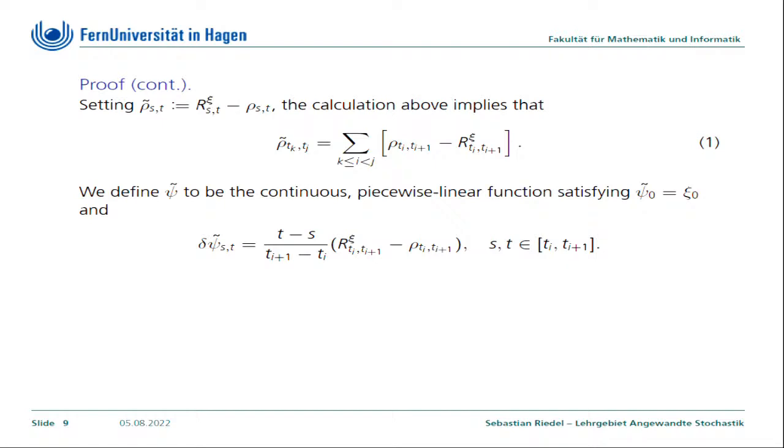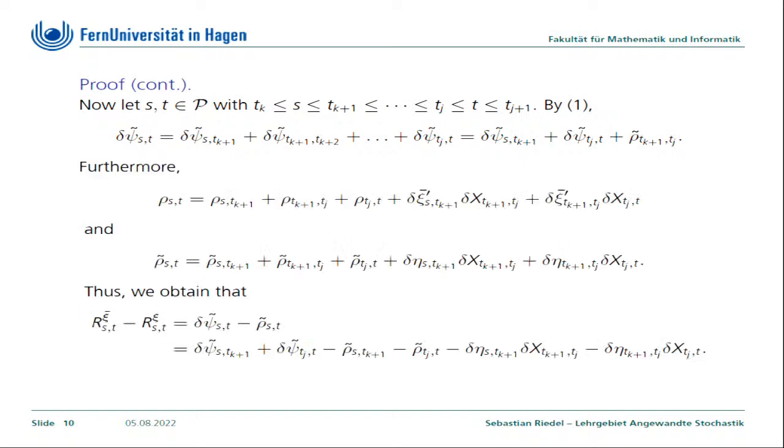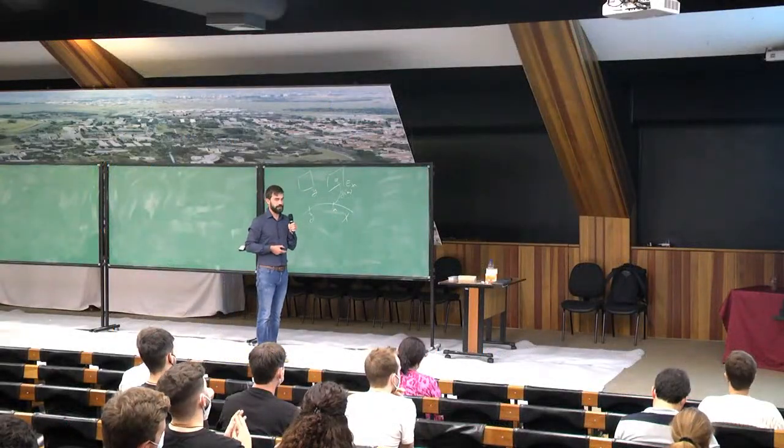Then we do some algebra and arrive at the following: the difference between these two remainders. Remember, what we wanted to show is that this difference goes to 0 in the 2 alpha Hölder metric. This is where we stopped last time, basically.